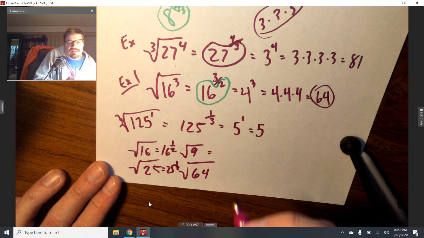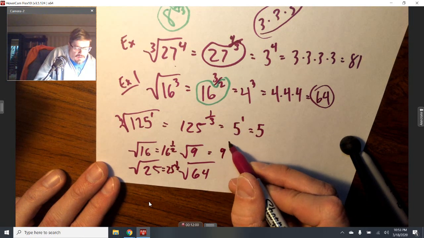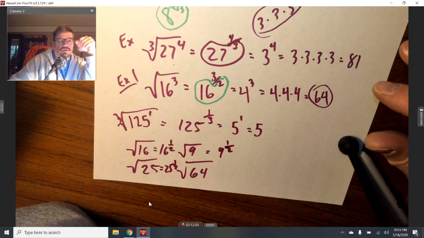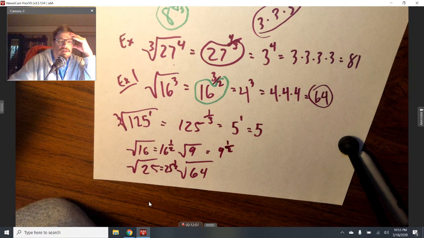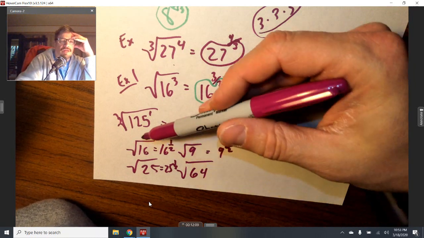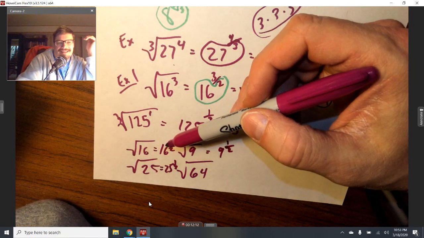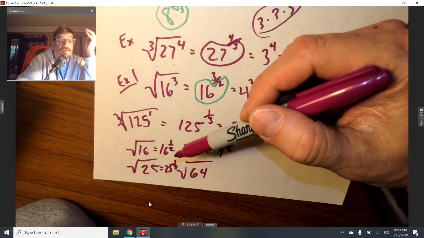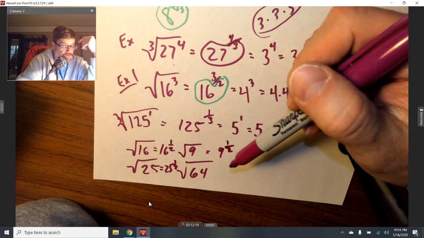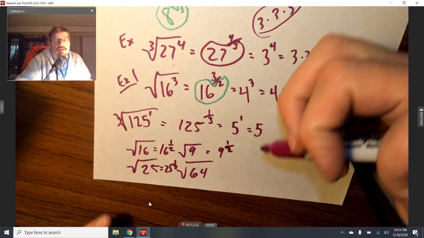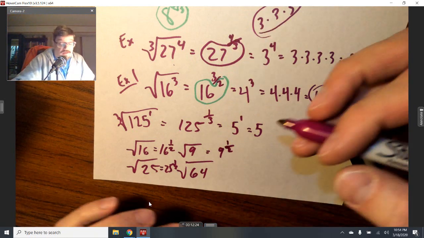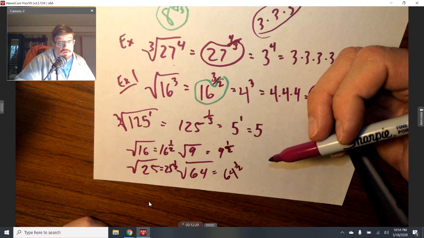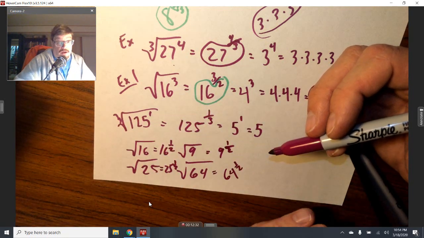We know what these numbers are, but we want to now look at a root or a square root, a cube root, a fourth root, as a fractional exponent. So the square root of 16 is the same as saying 16 to the 1/2. The square root of 25 is the same thing as saying 25 to the 1/2 power. The square root of 9 is the same as saying 9 to the 1/2 power. And finally the square root of 64 is like saying 64 to the 1/2 power.